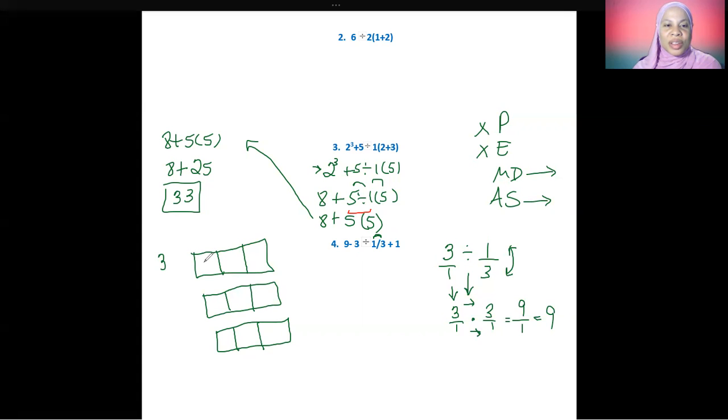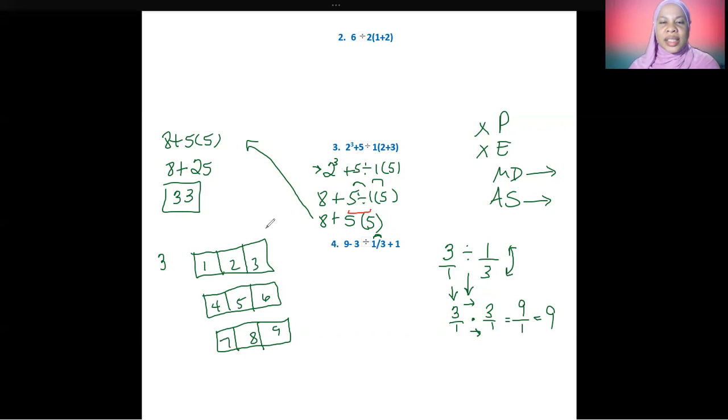So this divided by 1/3: 1, 2, 3, 4, 5, 6, 7, 8, 9. So 3 divided into thirds is 9, because the first 1 of the 3 divided into thirds is going to be 3, and you have 3 of those, so 3 divided by 1/3 is 9. So this is just a visual so you can see it if that's needed. I know I do extra, but I like to break things all the way down.